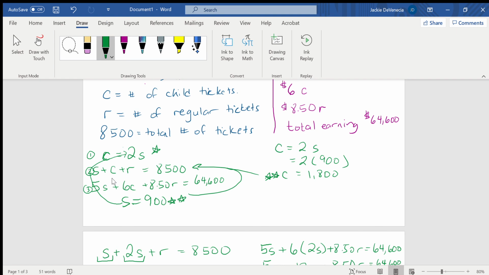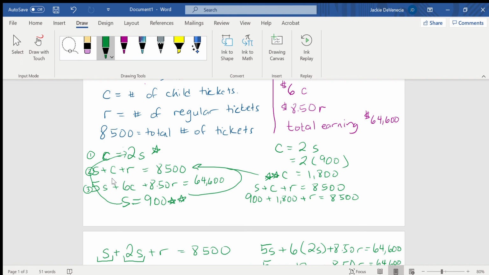So let's rewrite that second equation. S plus C plus R is equal to 8,500. You want to change the S into 900, the C into 1,800, and you want to leave the R alone because that's the one we're trying to find. Notice how when I'm trying to solve things, I just want to have one variable. Having that one variable left makes it easier for us to solve.